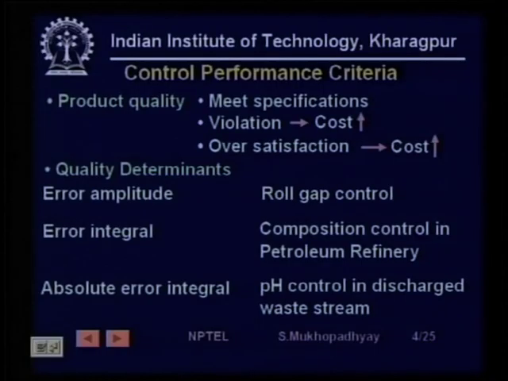Similarly, let us take an example of pH control in a discharge stream of some chemical process. In today's strict environmental regimes, it is stated that if you are releasing some effluent into a river, then the pH, that is whether it is acidic or basic or neutral, should be as close to neutral as possible, and it should be neither acidic nor basic.